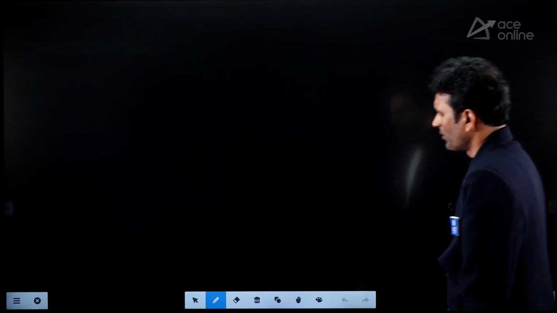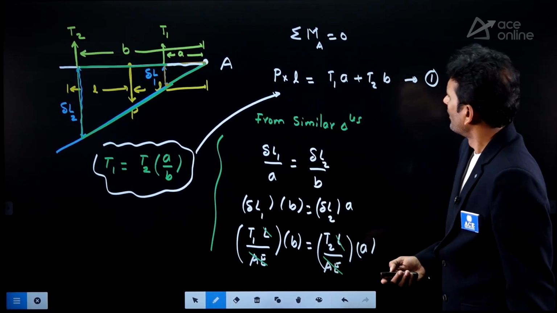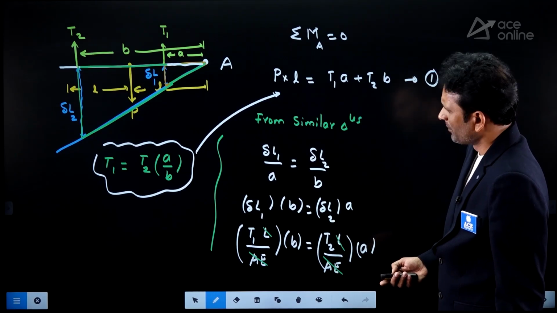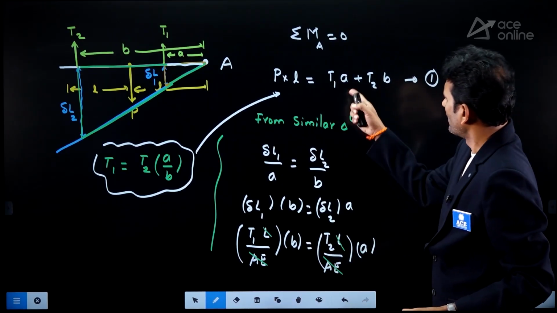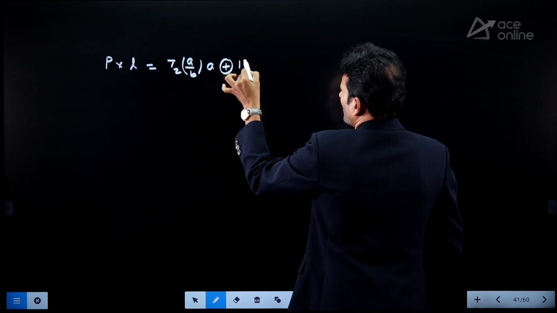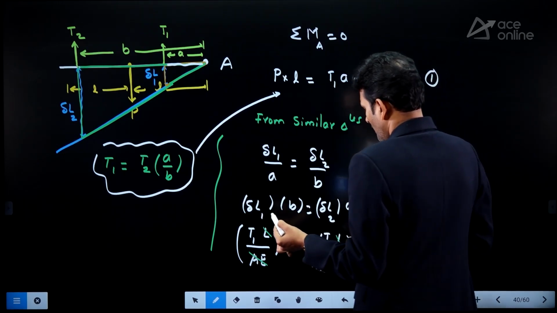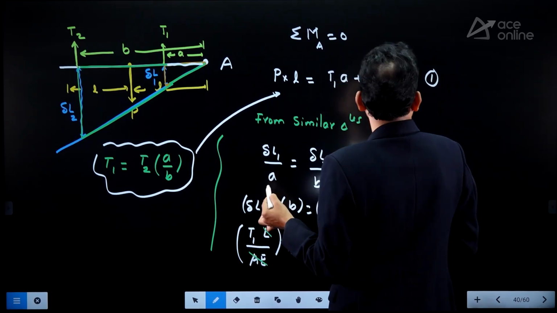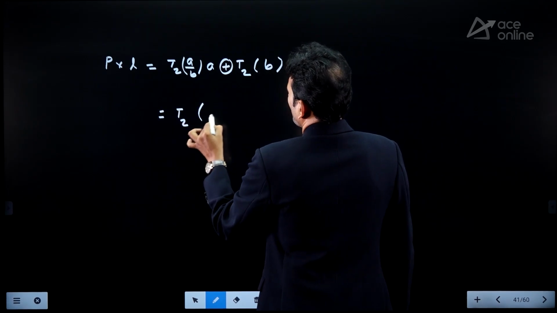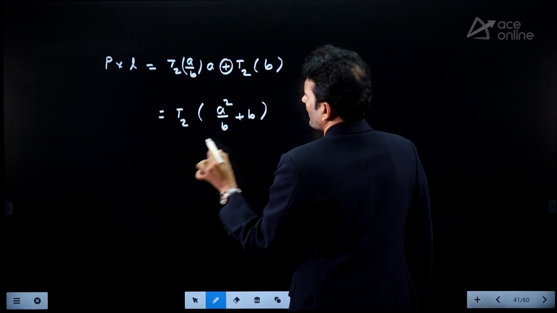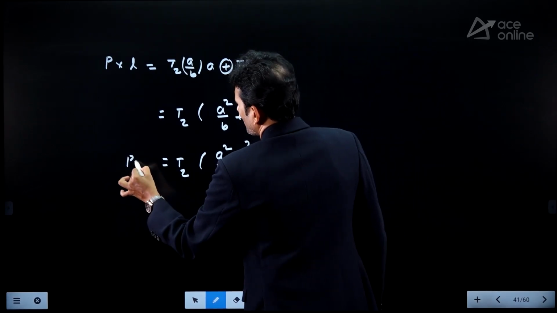If I use it, P into L equals T2 into A by B into A plus T2 into B. Now T2 you can take as common: T2 into A square by B plus B, which is T2 into A square plus B square divided by B. P into L equals that.